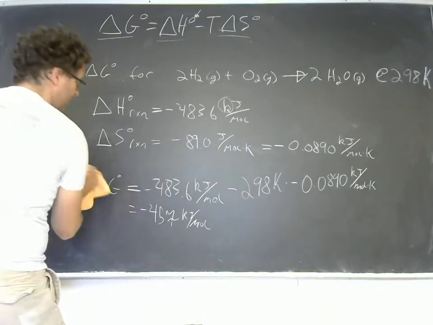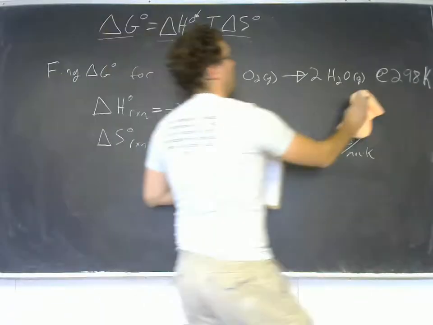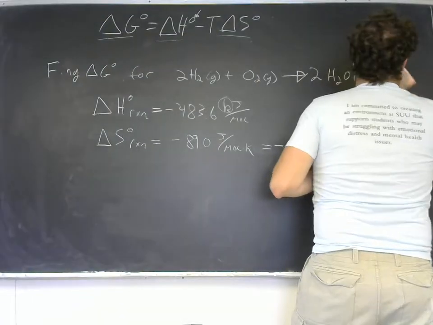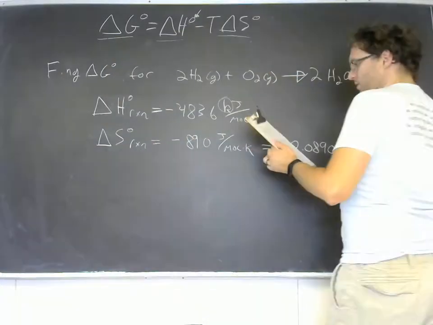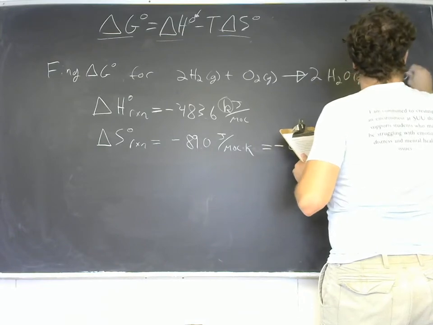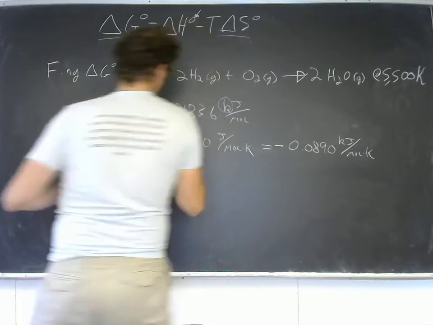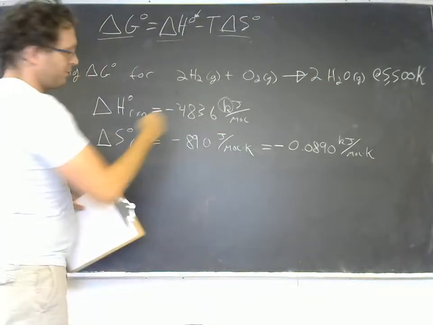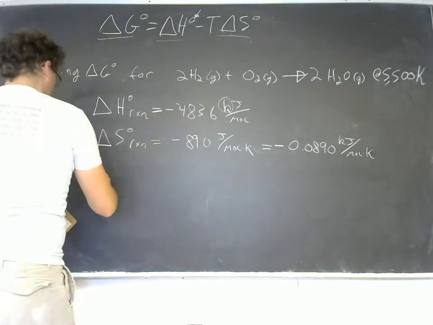Gibbs energy of this reaction at 298 K. Well, what if we take that same reaction and we do it at 5,500 Kelvin? Because we've gone this route and found delta H naught and delta S naught, we can just plug these values in.